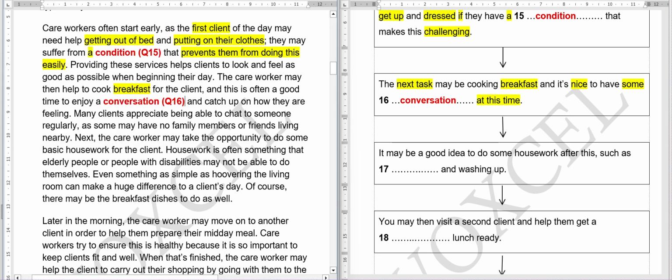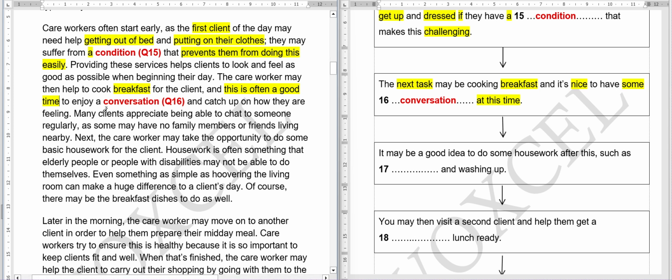So here they're saying when you are cooking, it's nice to have some at this particular time. So this is often a good time, just at this time, to enjoy a conversation and catch up on something. So to have some conversation.